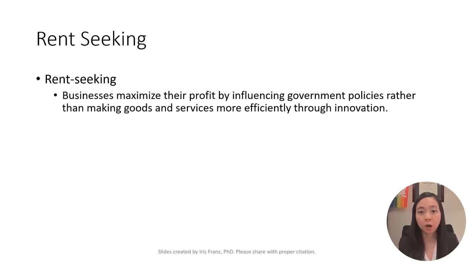Rent-seeking occurs when firms try to increase their profits by influencing government policy, rather than by producing goods and services more efficiently. Instead of creating new value, rent-seeking redistributes existing surplus and often leads to inefficient market outcomes and deadweight loss.